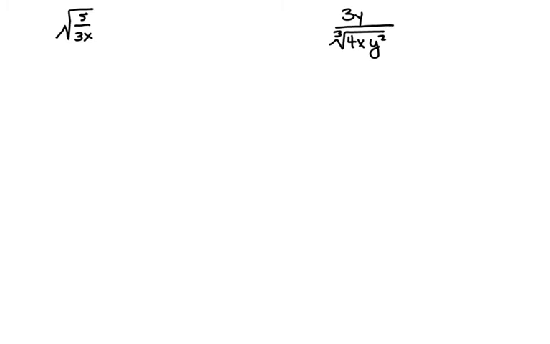Okay, more rationalizing the denominator. So I'm going to do these the other way, which is multiplying outside of the radical. And it really is simply preference by what you do.